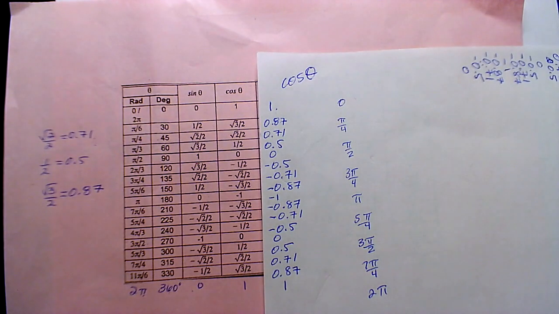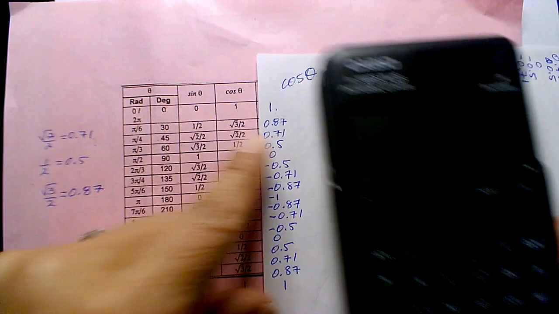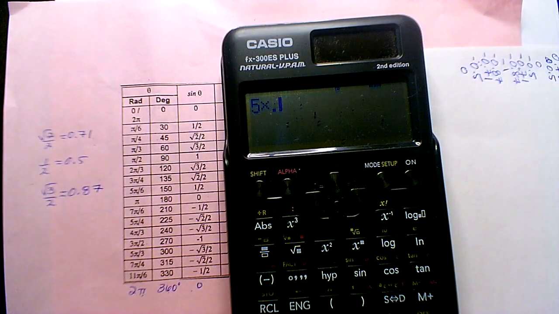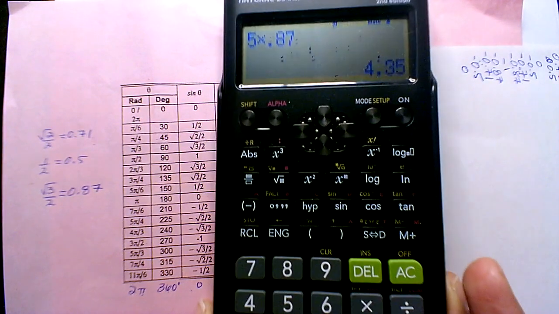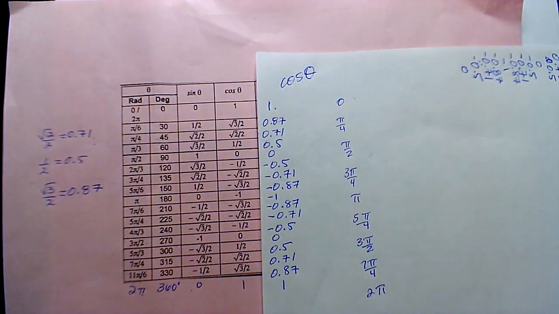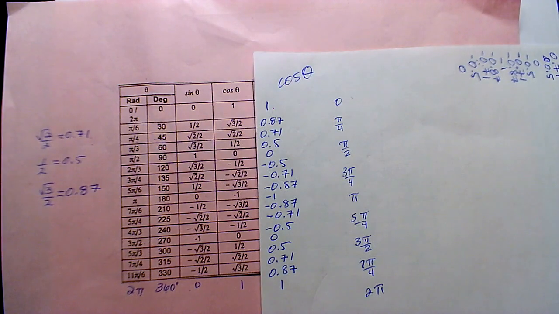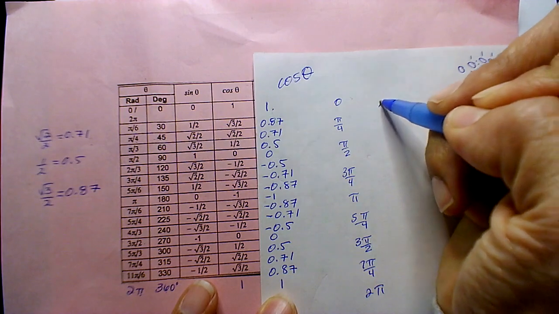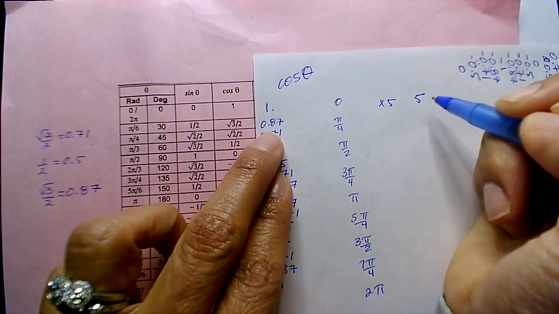What do I do to the 0.87? Perfect. I'm going to multiply by 5, and I'm going to get 4.35. So if I times 5, this is going to be 5.